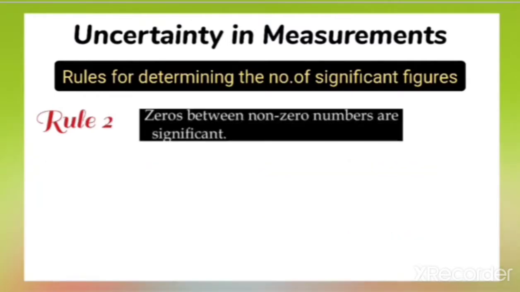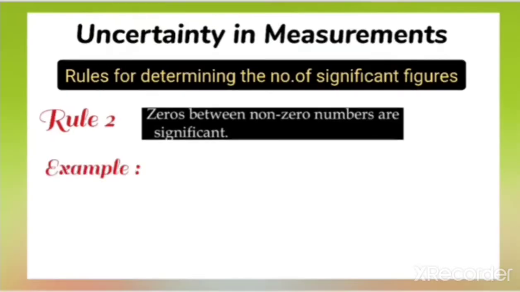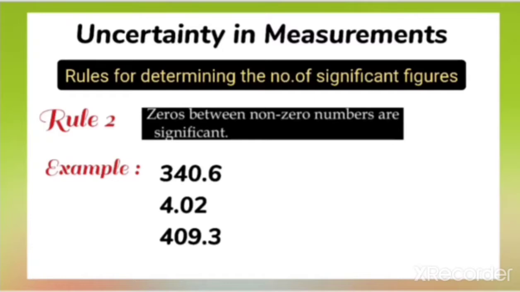Now rule 2 says zeros between the non-zero numbers are significant. Now we are talking about zeros. Just now we discussed that all non-zeros are significant, but even zeros can be significant, when they are between the non-zero numbers. Let us take an example.